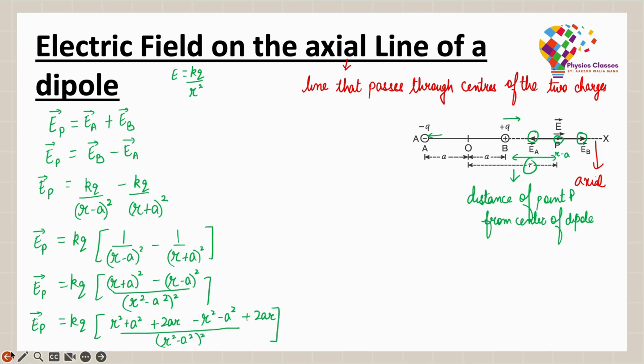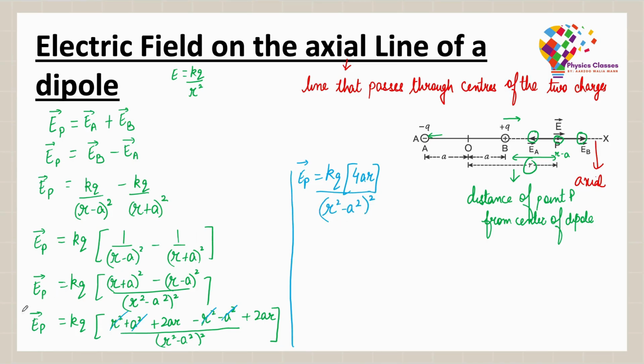From here you can simply see that R square and A square get cancelled and the 2AR and the 2AR become 4AR. So the electric field at this point P can be written as KQ into 4AR by R square minus A square whole square.